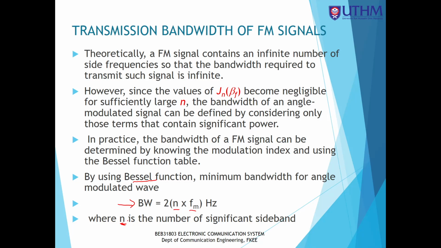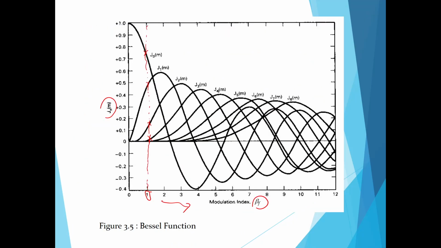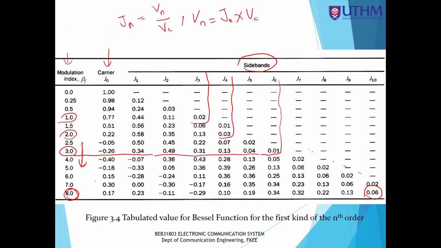For example, if I flash back, for beta equal to 1, you will see that it is up to 3 pairs of sideband.